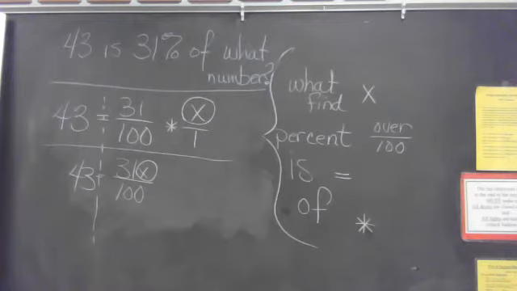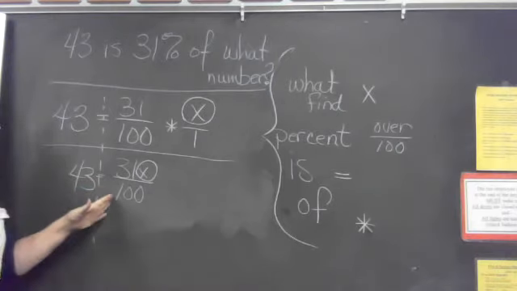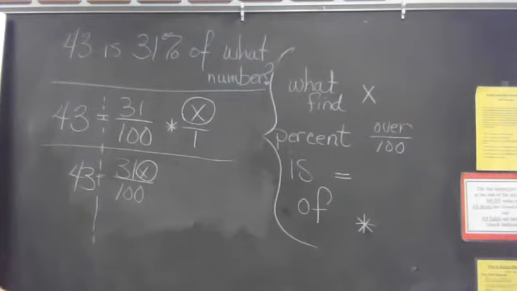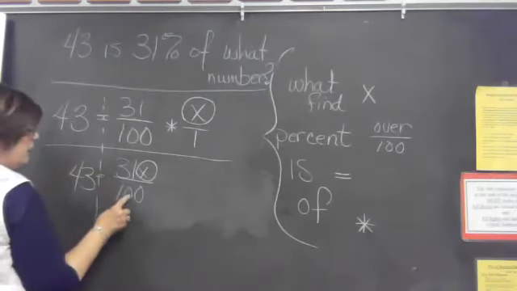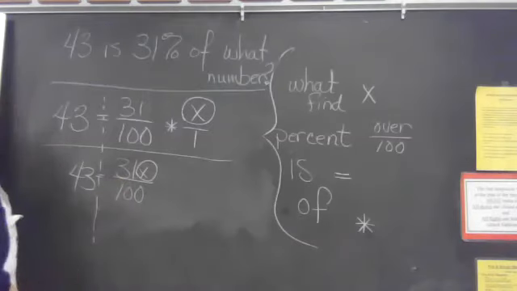We can get rid of the 31 over 100 at the same time, like do the reciprocal. But right now, I think what we'll do is one step at a time. So we don't like the fraction. How is 100 hooked to the X? Divide.